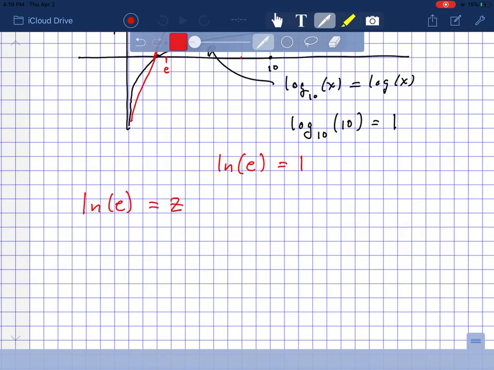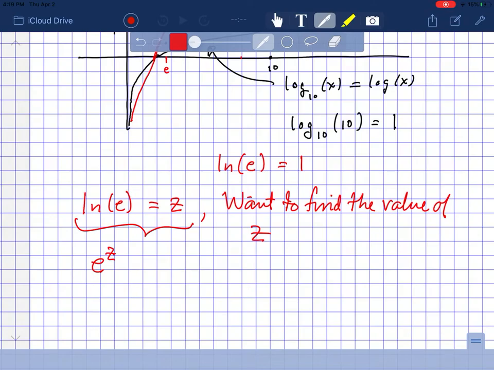Why is that? So the log of e is equal to, let's say, z. We don't know. We want to find the value of z. Well, writing this equation, the log of e is equal to z, is the same as writing e to the z is equal to e.